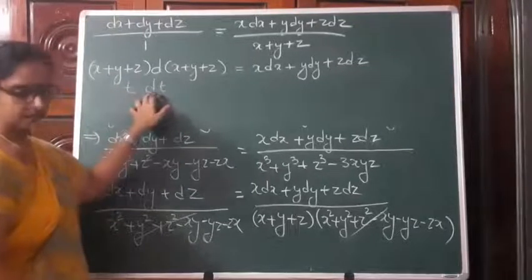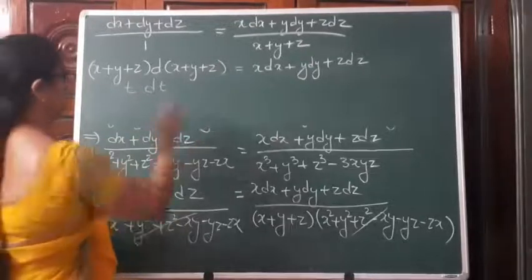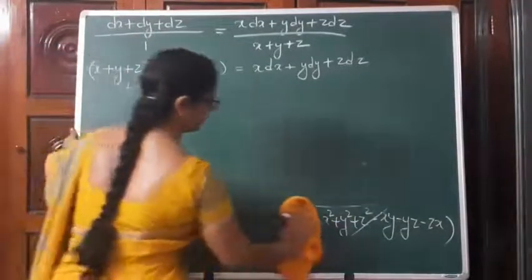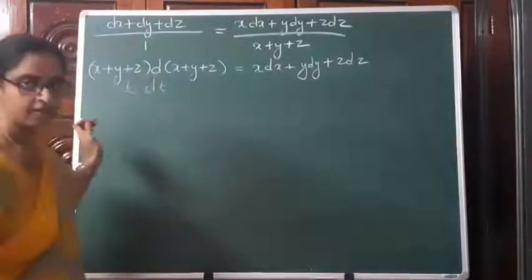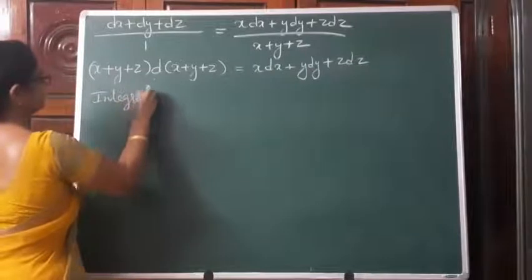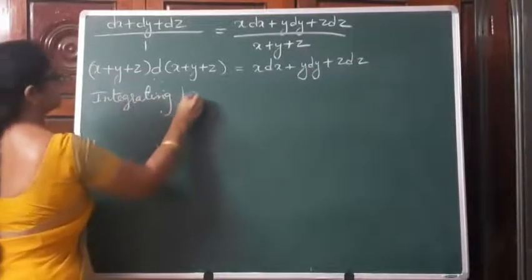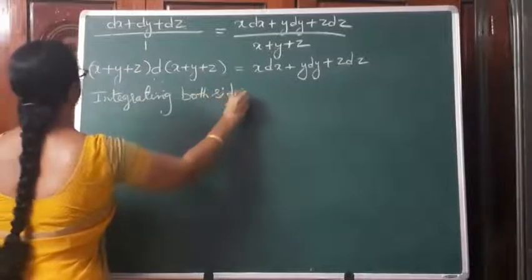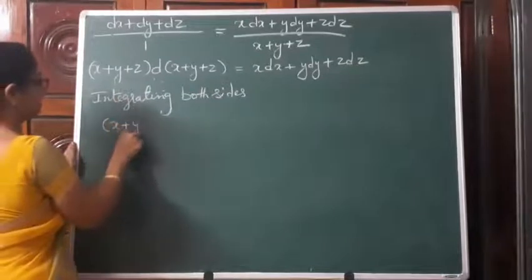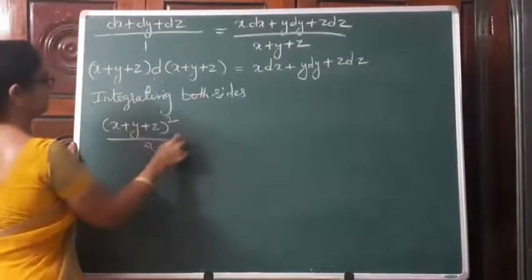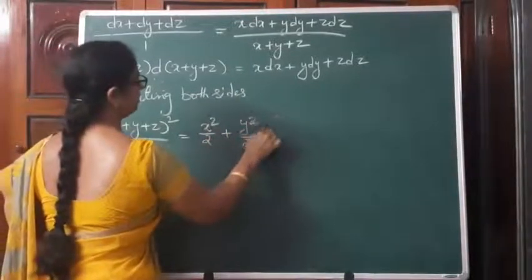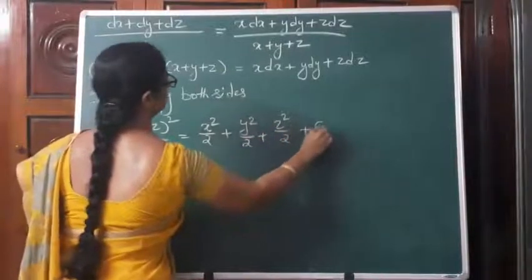Now integrating t dt we get t square by 2, and the right hand side can be integrated because the integral of x dx is x square by 2, the integral of y dy is y square by 2, and the integral of z dz is z square by 2. So integrating both sides, we get x plus y plus z whole square by 2 is equal to x square by 2 plus y square by 2 plus z square by 2 plus c.